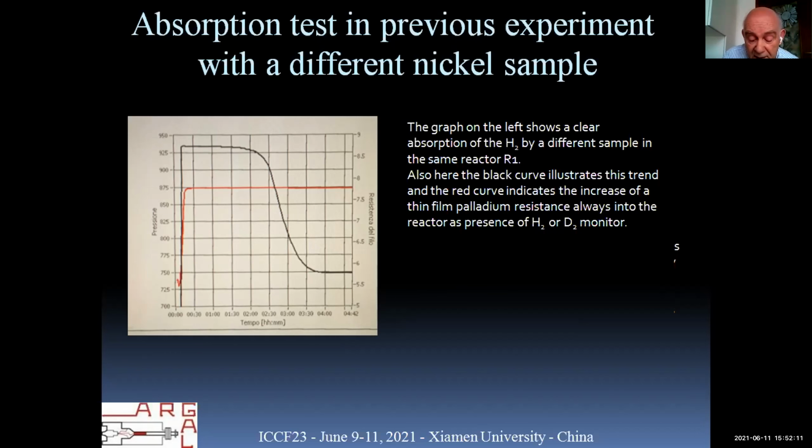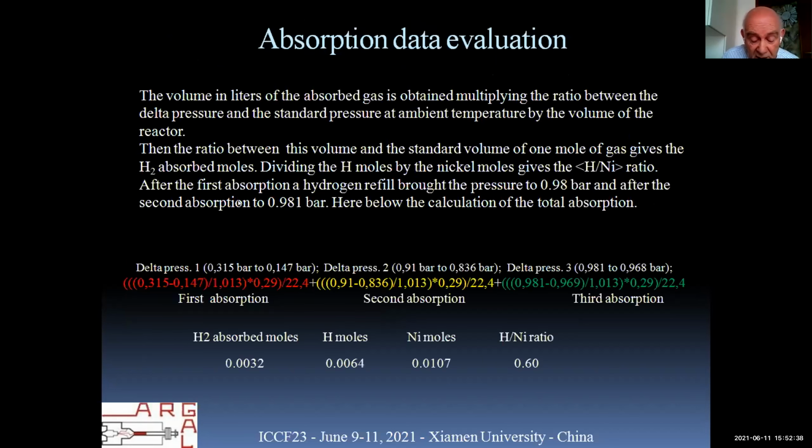We see that, as in the case of the experiment with the nickel strip, the first absorption is consistent, even if it begins about 2 hours after the hydrogen has been introduced. The hydrogen input, in fact, is in correspondence with the rise of the thin film palladium resistance, the red curve, as indicated by the red trace in the graph.